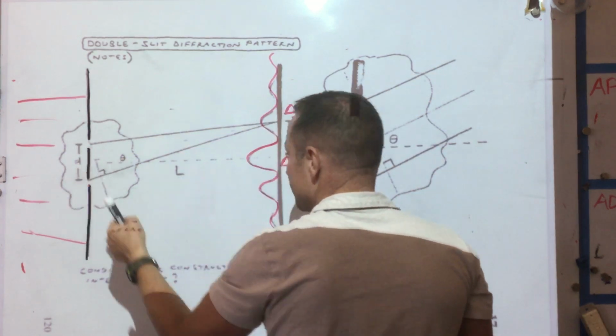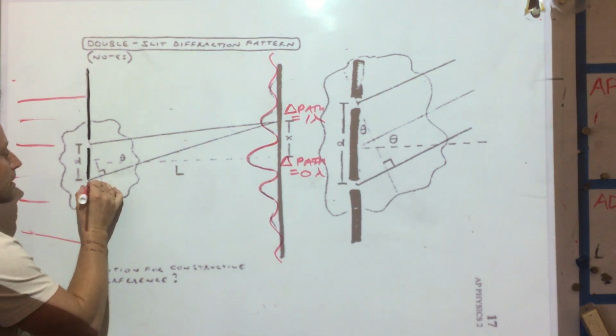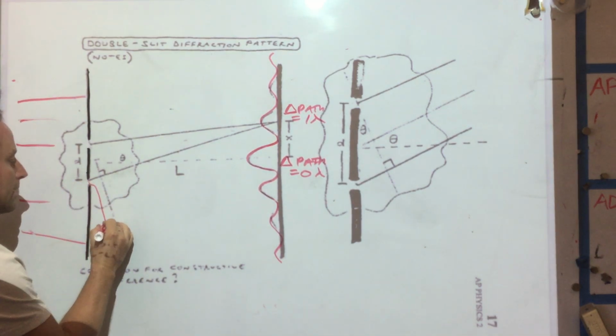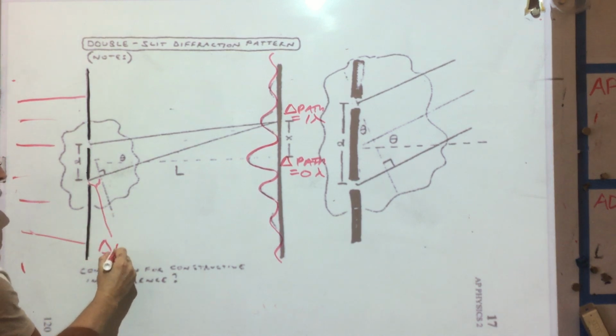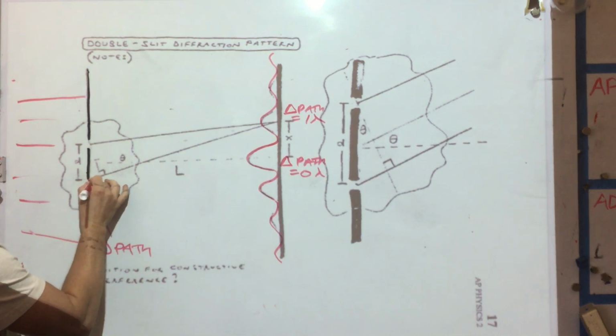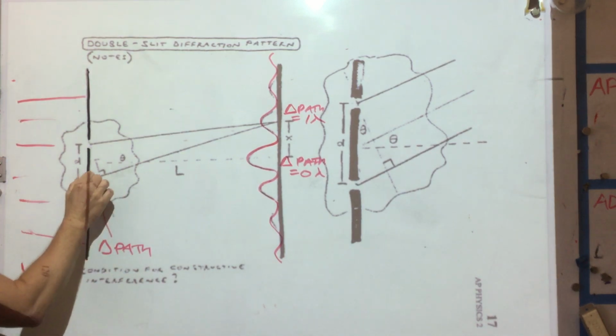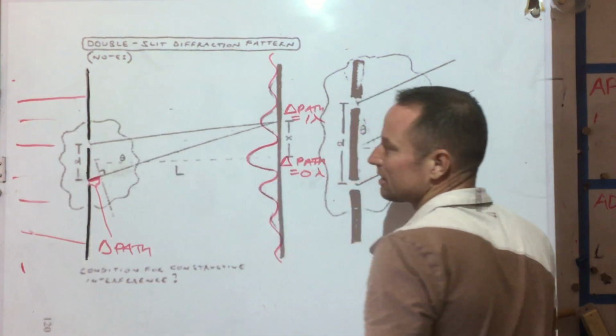This extra distance that is here is the path difference. So I'll kind of label that on here. This distance is going to be really important. This is the delta path. This little bit of extra length right here, that's how much farther the bottom one had to go from the top one.